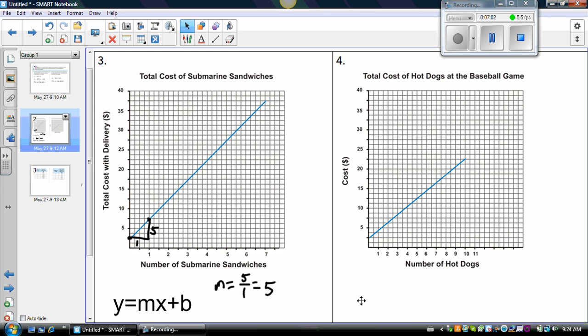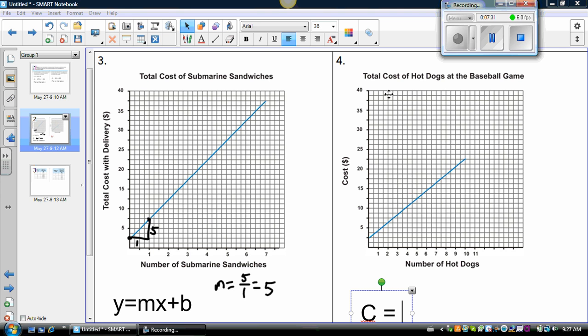You should get for your equation C equals 2n plus 2.50.